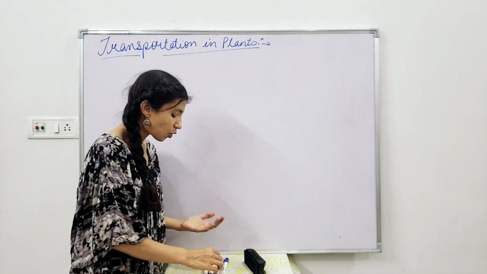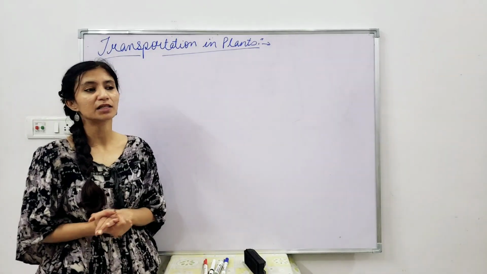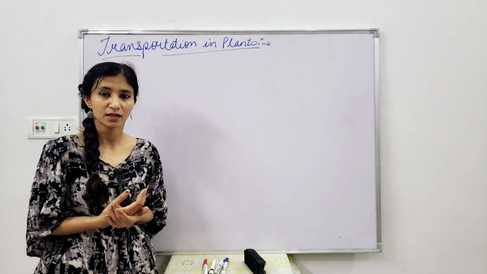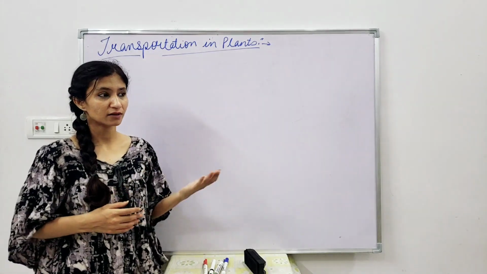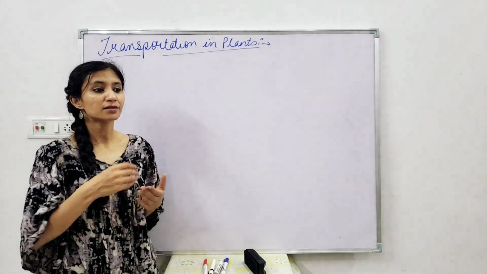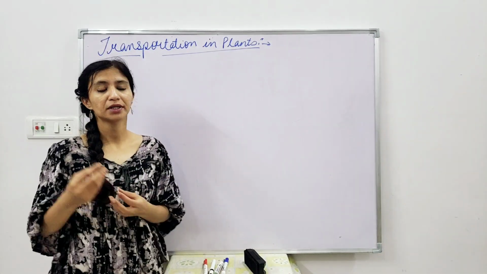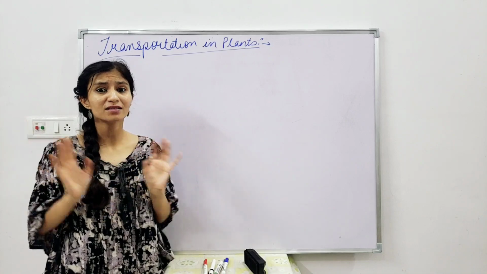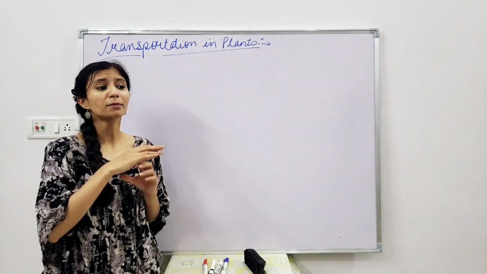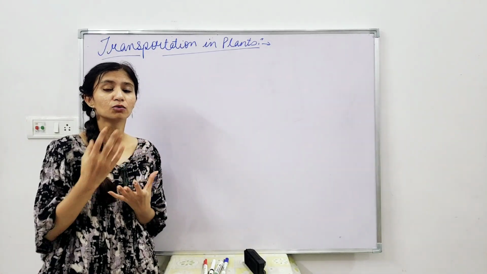Okay. So for the whole system, for the transportation of the materials that are being absorbed, like the raw materials we discussed in the respiration process and the photosynthesis process, you need minerals, you need water, you need carbon dioxide. And what about the product that is being made, the glucose or the sucrose?